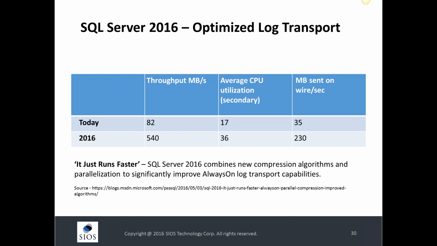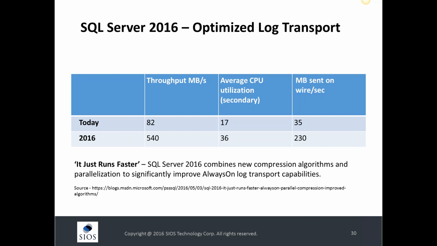One of the things that was always a limiting factor with SQL Server always-on availability groups doing synchronous replication was that there was some problem with the log transport capabilities. It was a single-threaded piece that really impacted the write throughput for performance, especially in highly transactional databases.